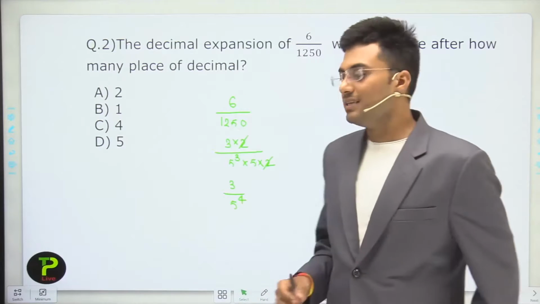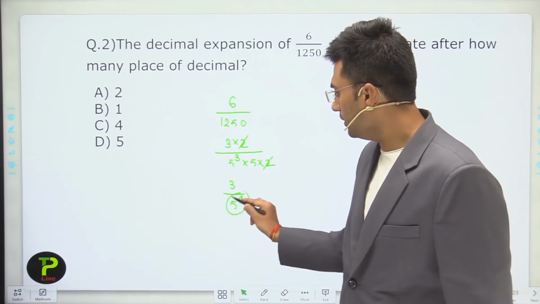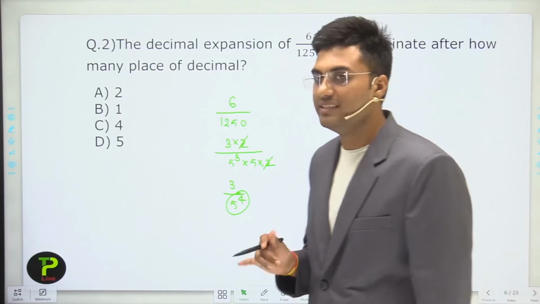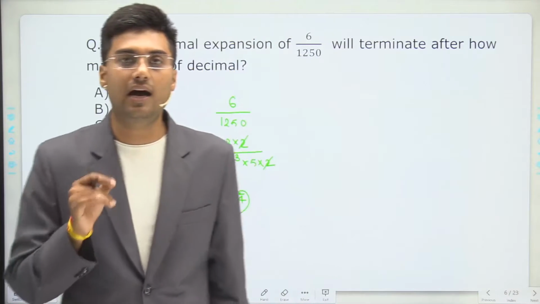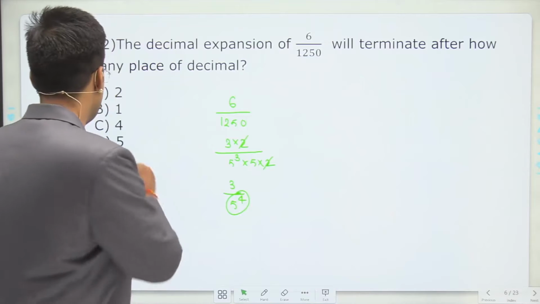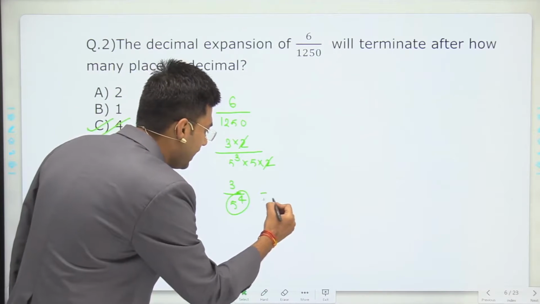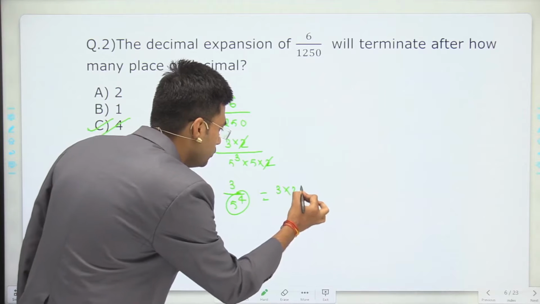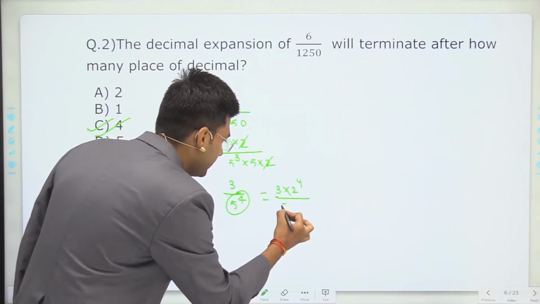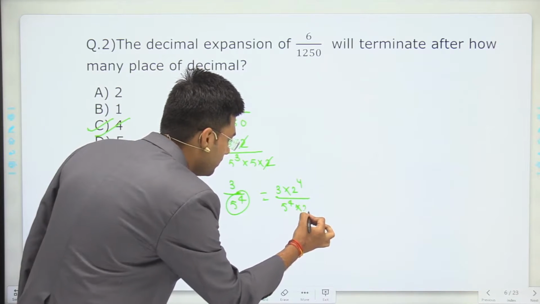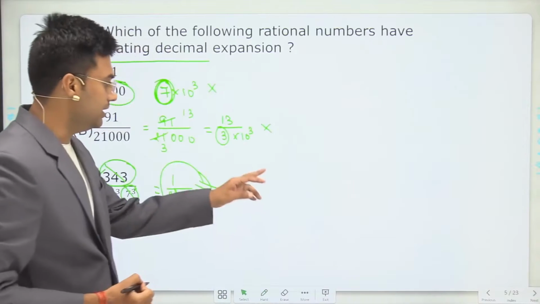And dear students, if we have 5 power 4 in the denominator, then we can say that this terminates after the 4 decimals, because we can write it as 3 multiplied by 2 power 4 multiplied by 5 power 4 multiplied by 2 power 4.